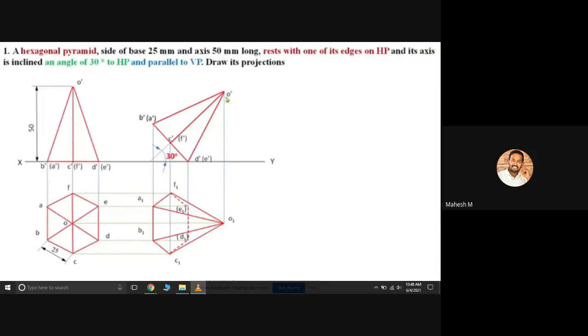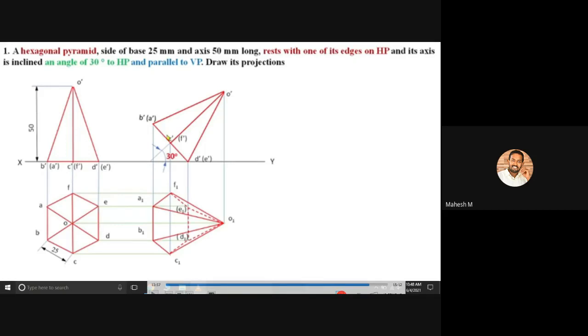Only the two slant edges from E to O and D to O are not visible. Okay, so this is our final diagram. So this one is a hexagonal pyramid.